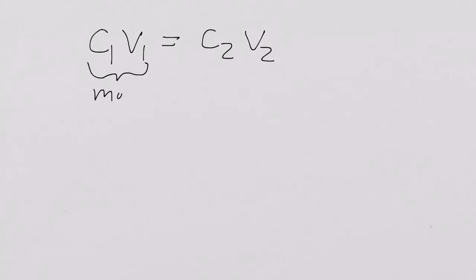Now, for those of you who have done some chemistry, this is quite a famous equation. This equation says C1V1 equals C2V2, because that gives you the mole in the stock, and that gives you the mole in the working solution.